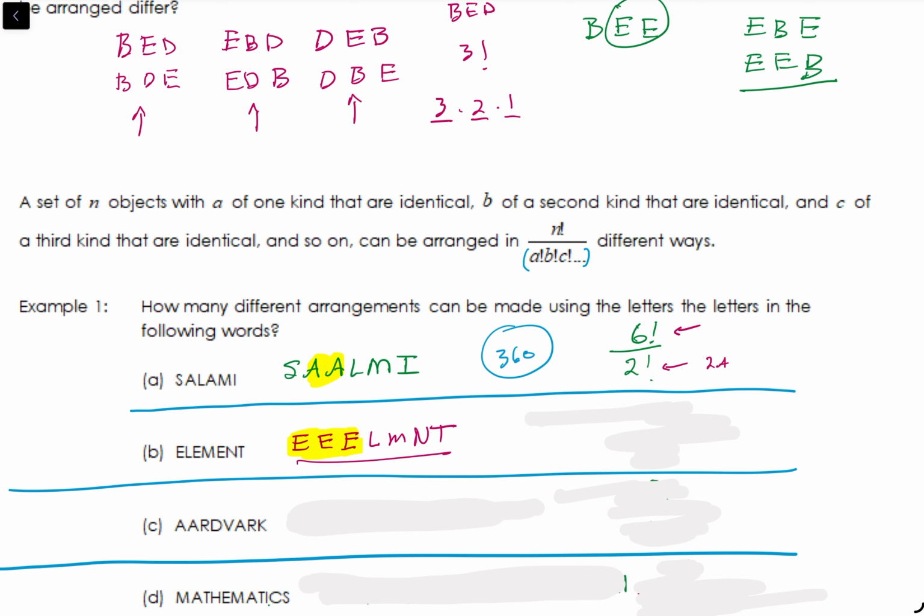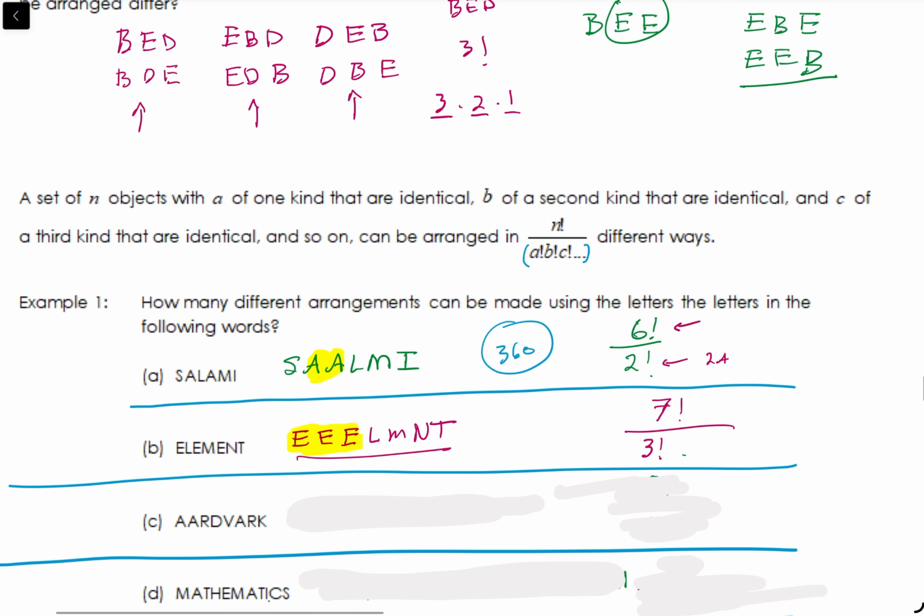And what I notice is that there are 3 identical E's in here. The number of letters in element is 7, so the top is going to be 7 factorial, divided by 3 factorial because I have 3 identical E's. So that's why it's 3 factorial. Now 7 factorial divided by 3 factorial is going to be 840.